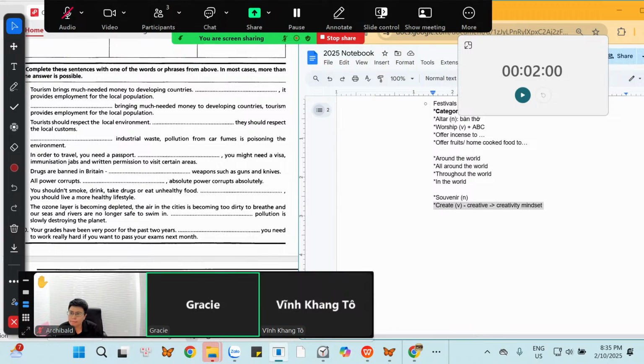Worship. For example, is a death festival. The family prepare an altar at home to worship their ancestors.